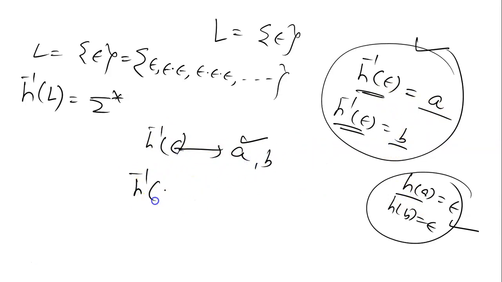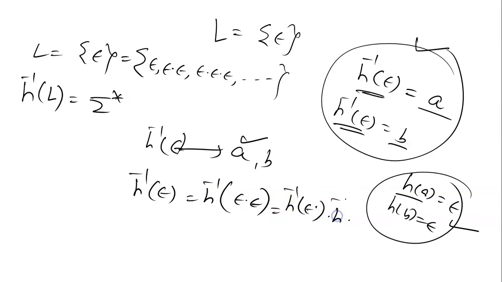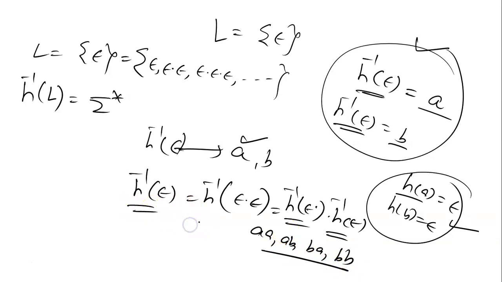And h inverse of epsilon dot epsilon is h inverse of epsilon dot h inverse of epsilon. So I can make aa, ab, ba, bb. Similarly, I can make any 3 length string, any 4 length string, and so on.